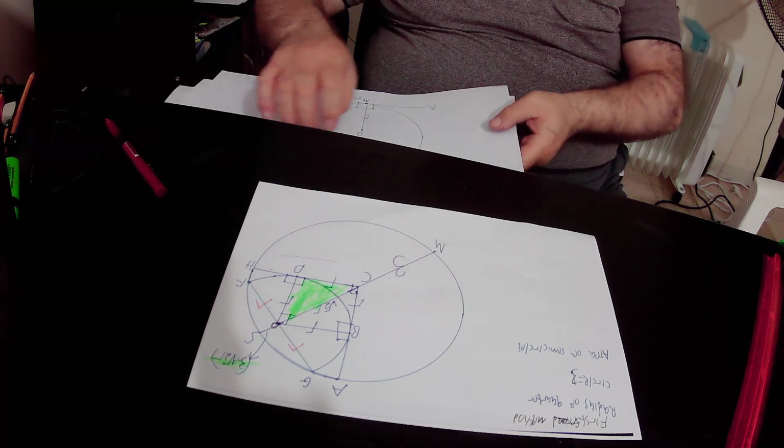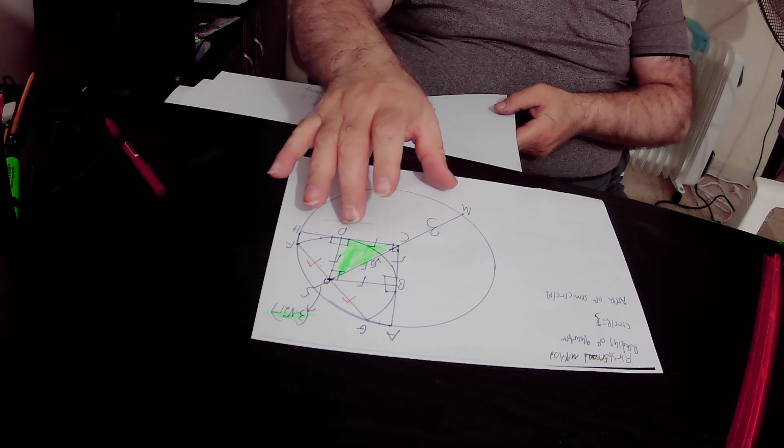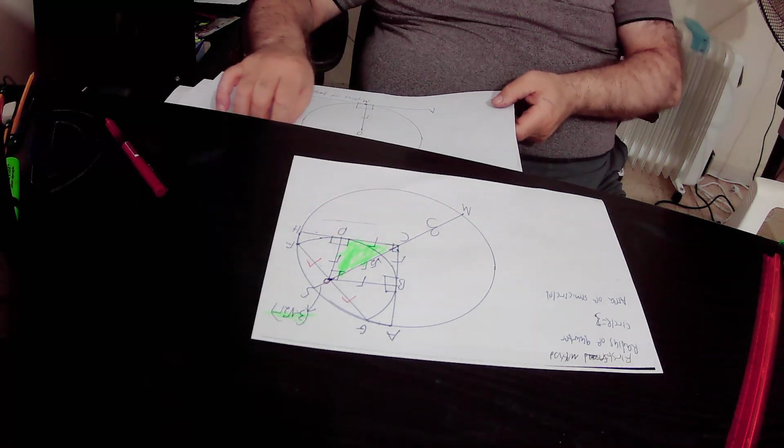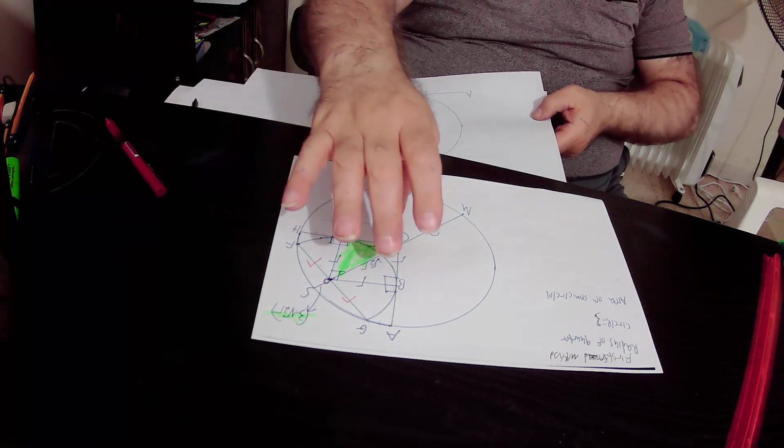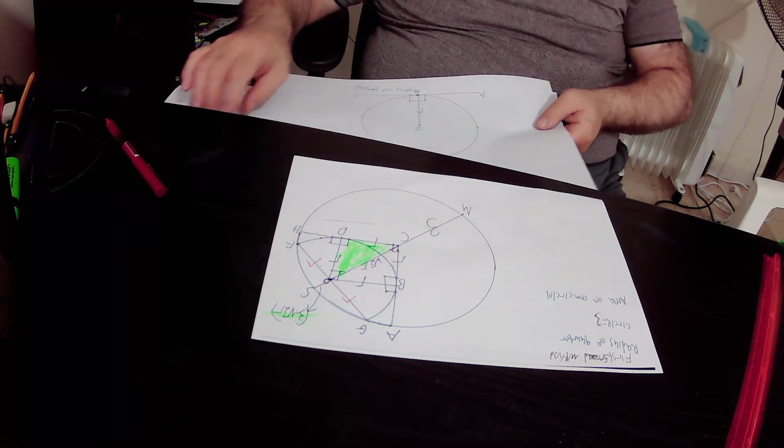We know that the radius of the quarter circle is equal to 3 units. And we want to find the area of the semicircle that is inscribed by the quarter circle.